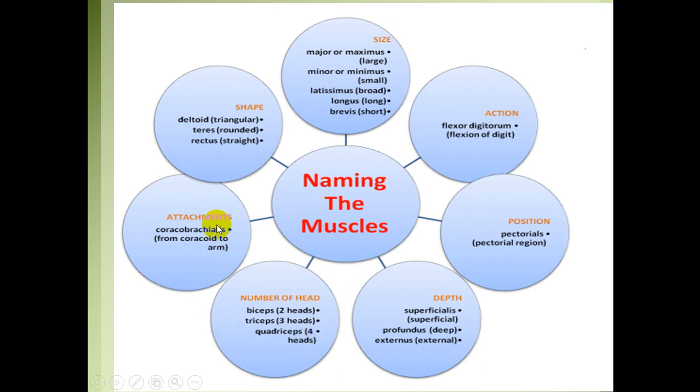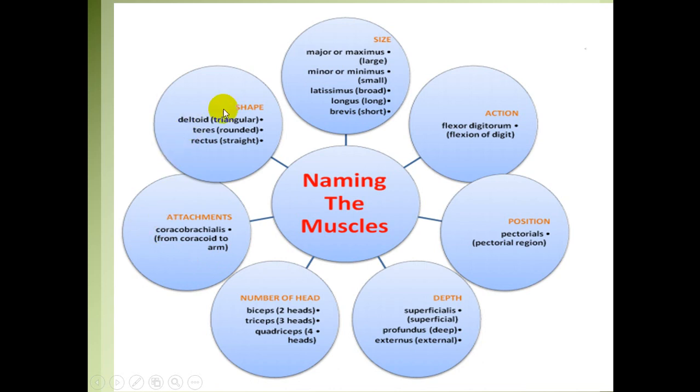Then according to attachment, some muscles are named, for example, coracobrachialis, which is starting from coracoid process and attached to the bone of brachium, which is humerus. So this is called coracobrachialis. Similarly, brachioradialis, which is starting from brachial bone or humerus and is attached to radius.